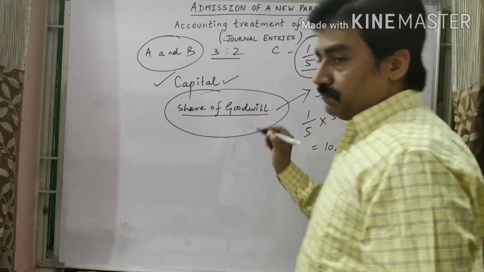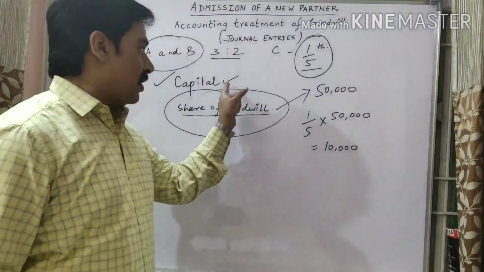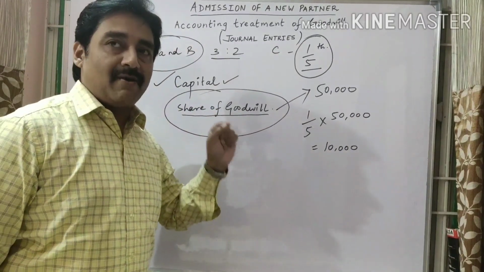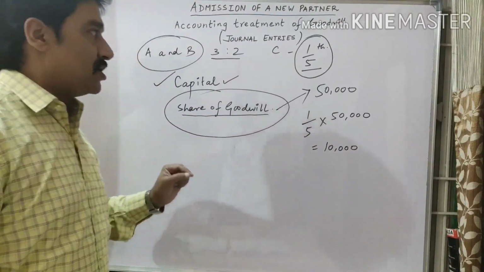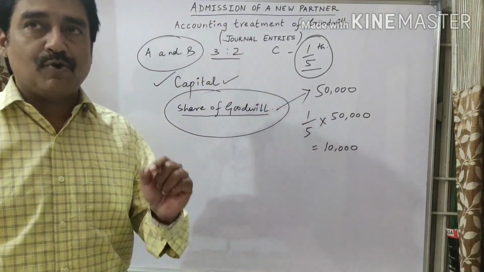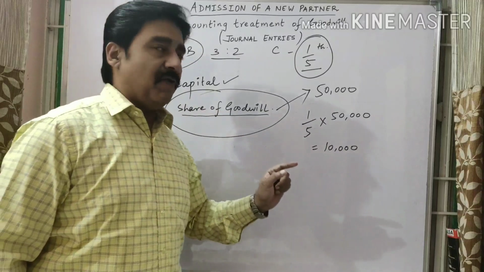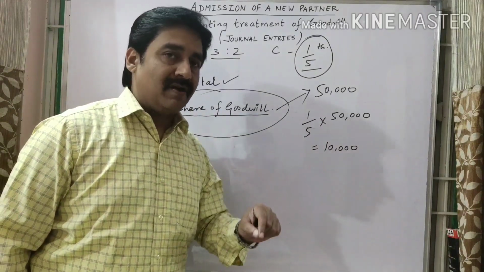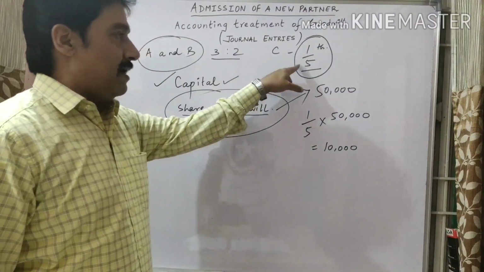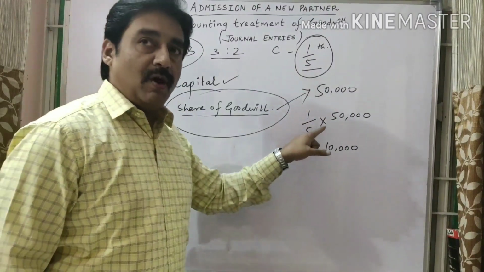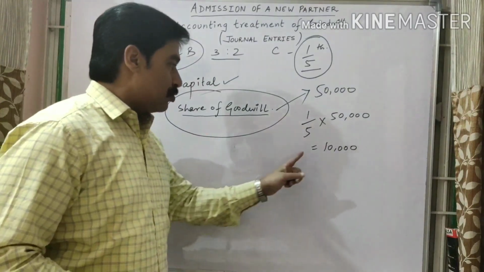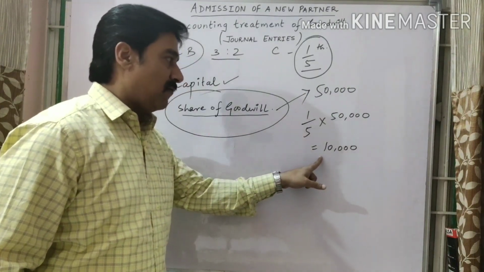Whatever amount he brings for capital is another part, but he has to bring his share of goodwill. How is that share determined? How is it decided what amount he is supposed to bring? The goodwill of the firm is calculated on the date of admission by any of the methods, and then the new partner's share is calculated on that goodwill, and therefore the new partner has to bring an amount for his share of goodwill.